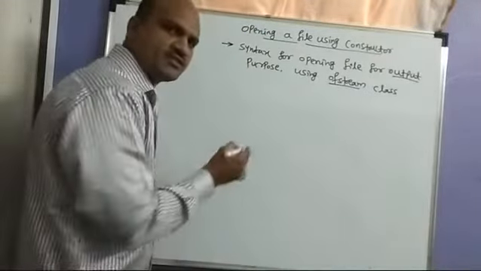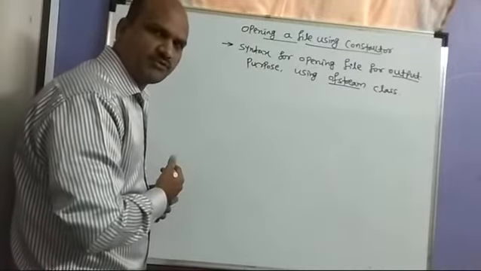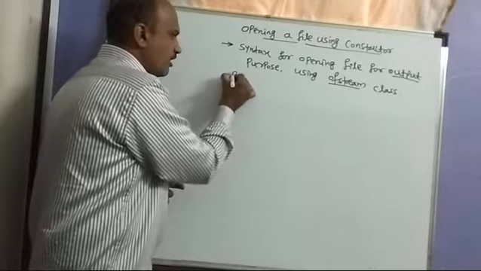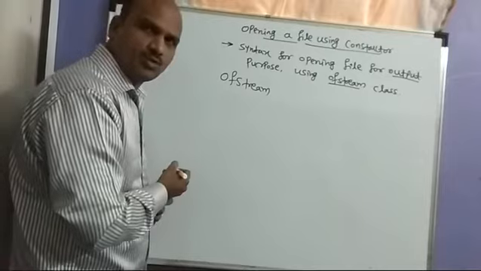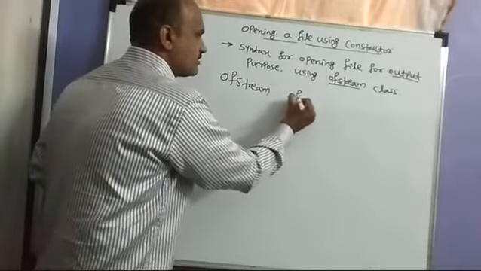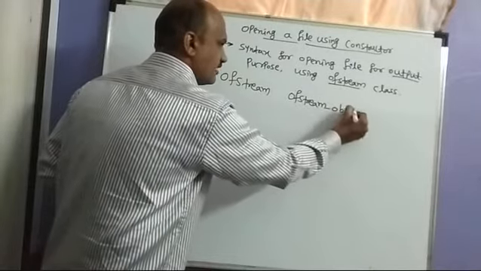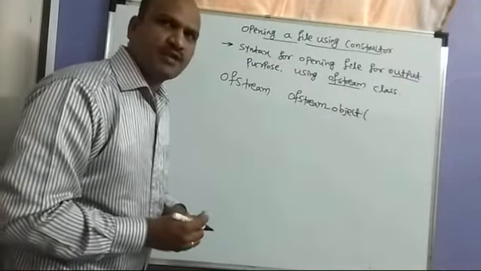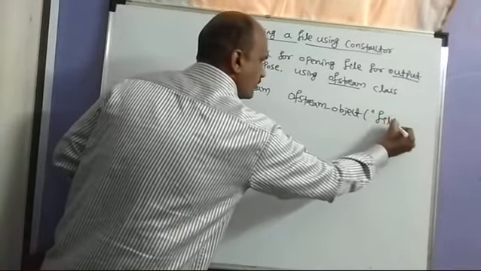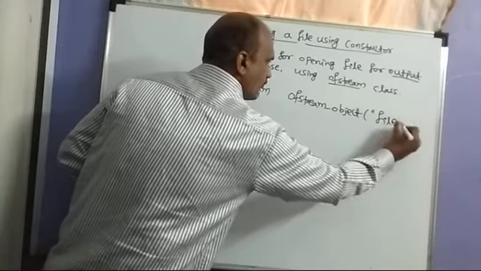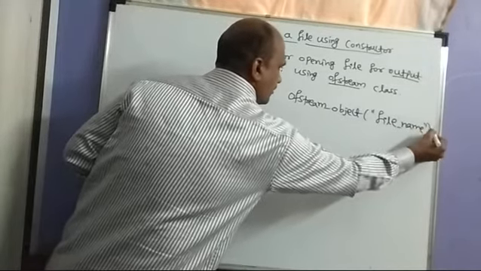So what is the syntax of this output? For the output purpose, opening the file, that is ofstream, then the name of the object, and the file name, whatever file name you want to go for, close the bracket, and give the semicolon.